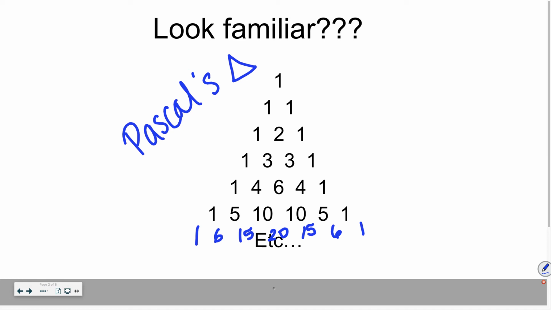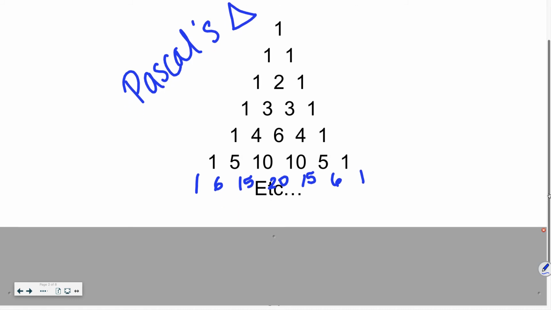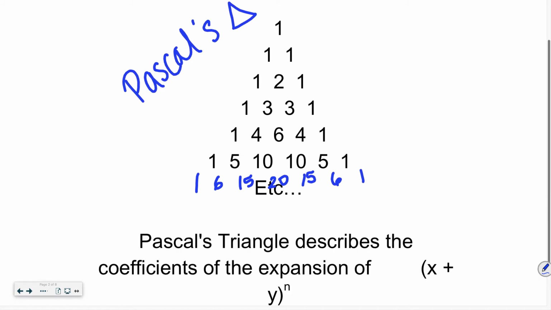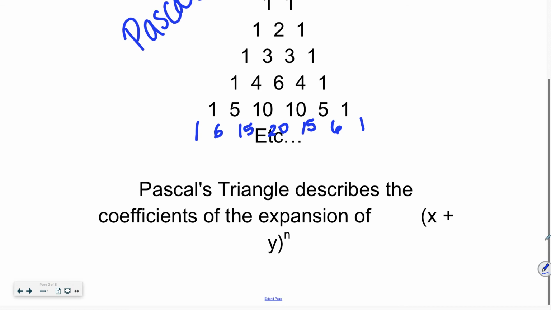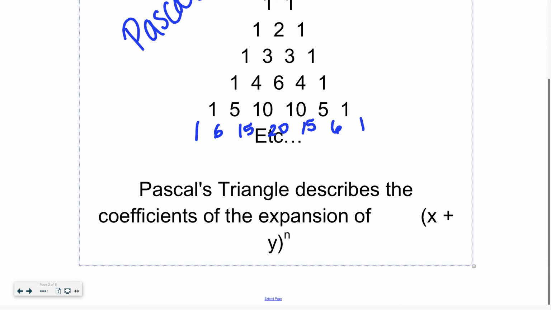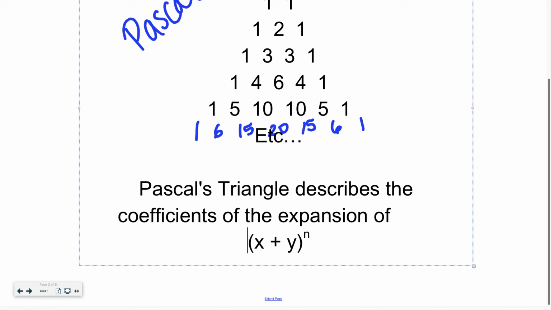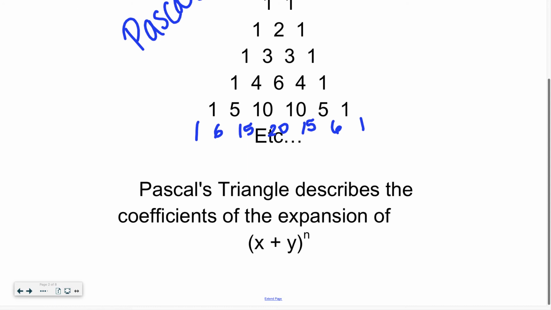What does Pascal's triangle have to do with multiplying binomials? Pascal's triangle describes the coefficients of x plus y to the n. And if I don't have to multiply 7 binomials together, that's kind of nice, right?